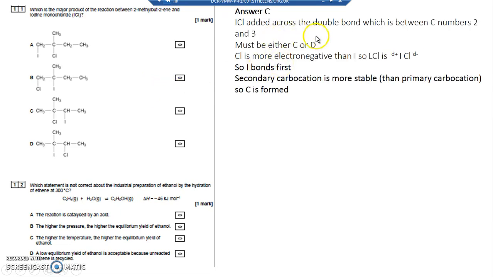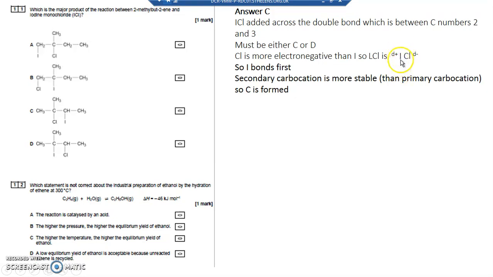Let's just show you that. It's just like HBr, with Br being more electronegative than the H and ending up with a delta minus on the Br and a delta plus on the H. That's the way this goes because Cl is a smaller atom than I and would end up with the delta minus across this polar bond.